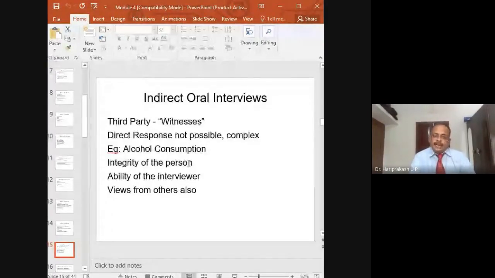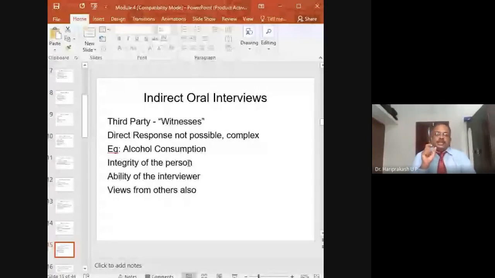So this is adopted when direct response is not possible. Sometimes directly you cannot ask some matters. So that time you'll have to collect data from the other person who knows about him. Example I have already given: alcohol consumption or cigarette consumption, drug addiction. So here the third person, who is called the witness, should be a person of integrity.